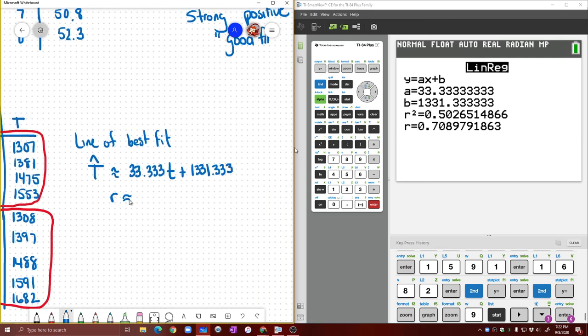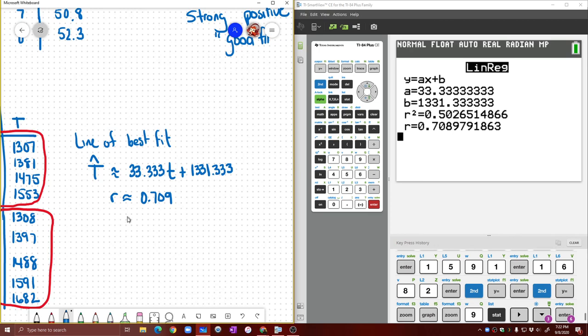And I'm going to write down that R value. Notice the R value is 0.709. So it is higher than 0.5. It's a strong relationship, but it definitely is not as strong as what we saw in the last question.